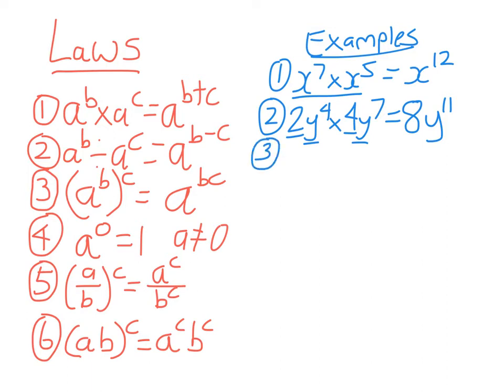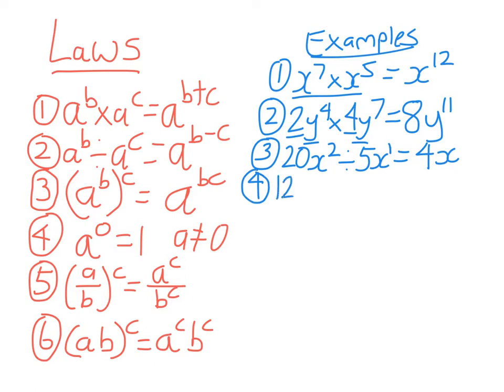Okay, if I have something like 20x squared divided by 5x, again, do the numbers separately. 20 divided by 5 is 4, x squared divided by x is just x, because x is the same as x to the power of 1. Sometimes you might find it easier to write a division as a fraction.